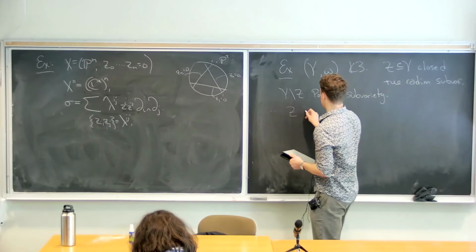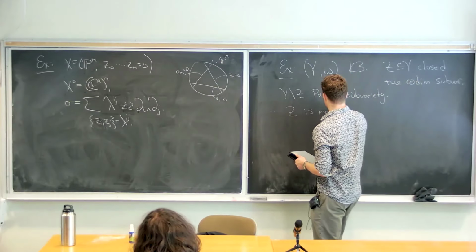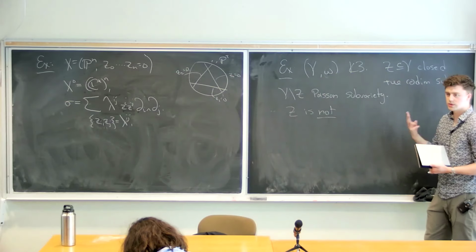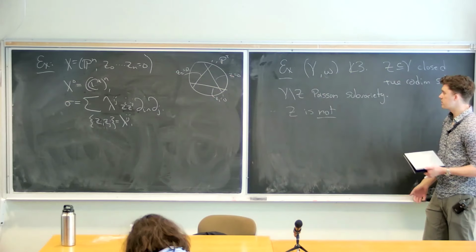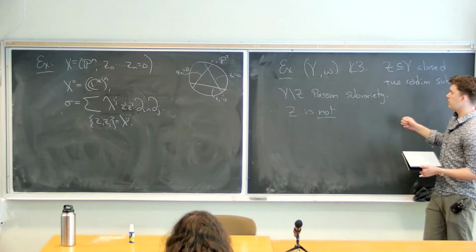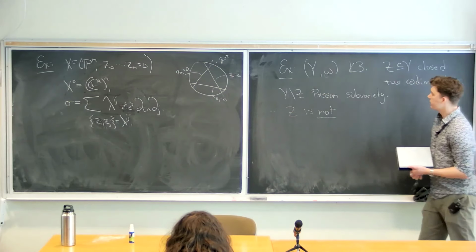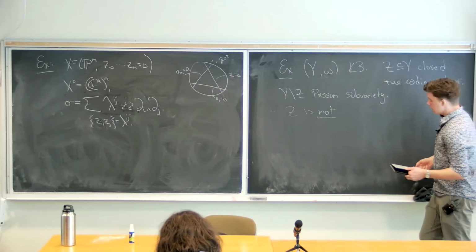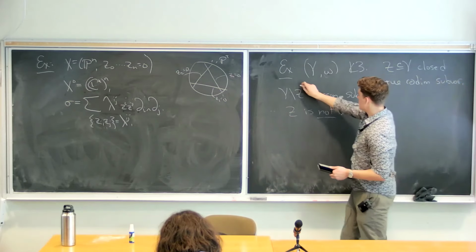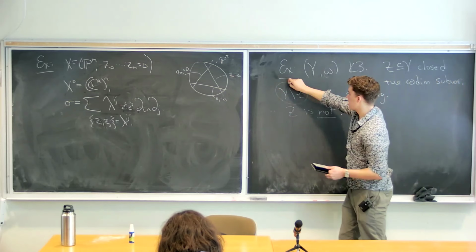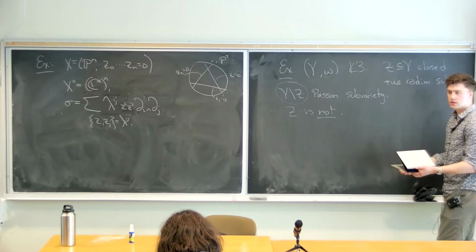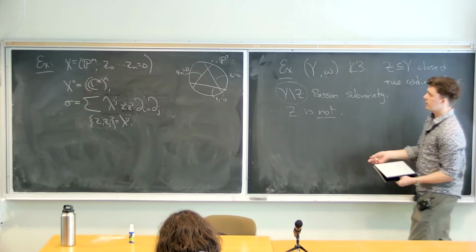But Z is not, just for dimension reasons. Positive codimension means it can't support a holomorphic symplectic structure. So imagine that this is the thing that we started with, and we want to find some Poisson compactification of it.